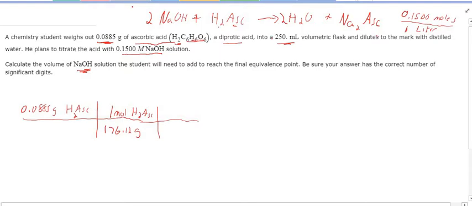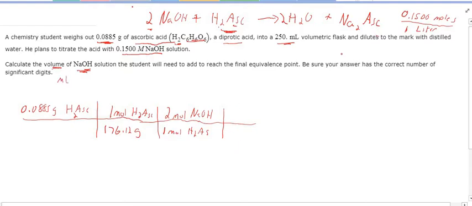So I come back and I look at my chemistry up here. And I know that for every 1 mole of the ascorbic acid, I react 2 moles of the sodium hydroxide. So for every 1 mole of the ascorbic acid, I react 2 moles of NaOH. Alright, but it's not asking for moles of sodium hydroxide, it's asking for the volume. I think it's going to ask for it in milliliters.